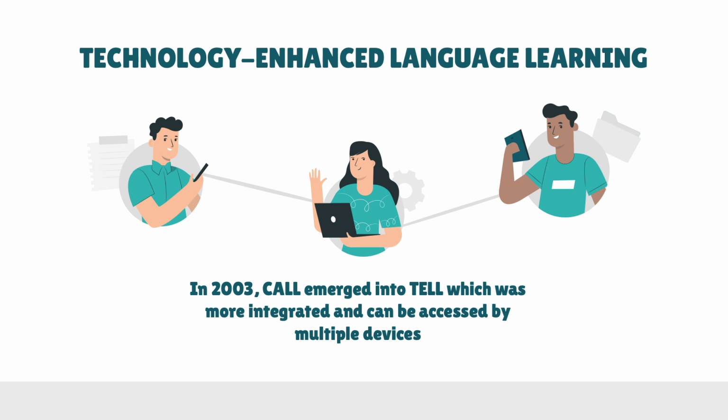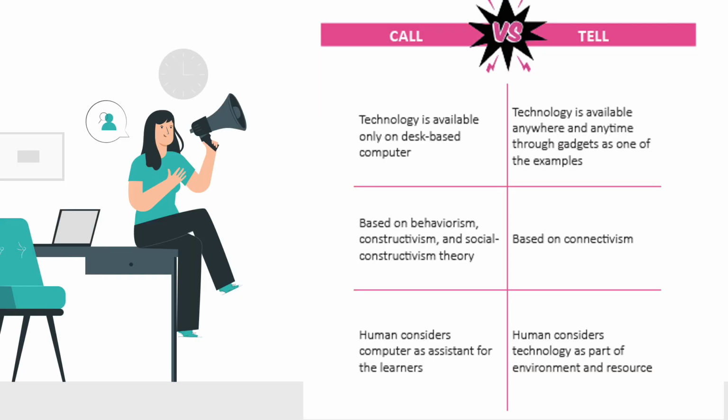That's why there is a change in the name from CAL to TEL. So now let's have a closer look on the differences between CAL and TEL. In CAL, technology is available only on desk-based computer, while in TEL, technology is available anywhere and anytime through gadgets, as one of the examples.